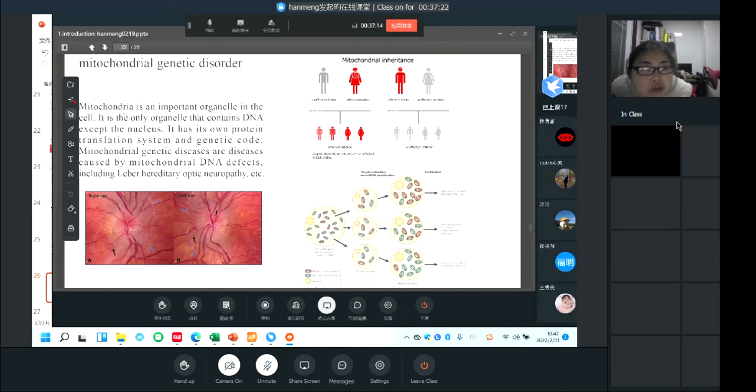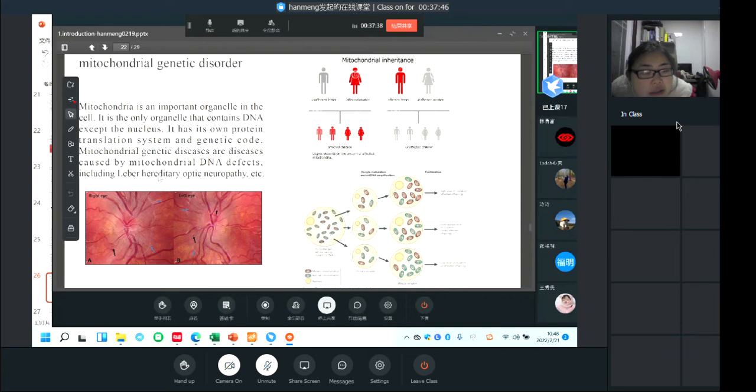The mitochondria is an important organelle in the cell. It is the only organelle that contains DNA except the nucleus. It has its own protein translation system and genetic code. So the mitochondrial genetic diseases are diseases caused by the mitochondrial DNA defects.